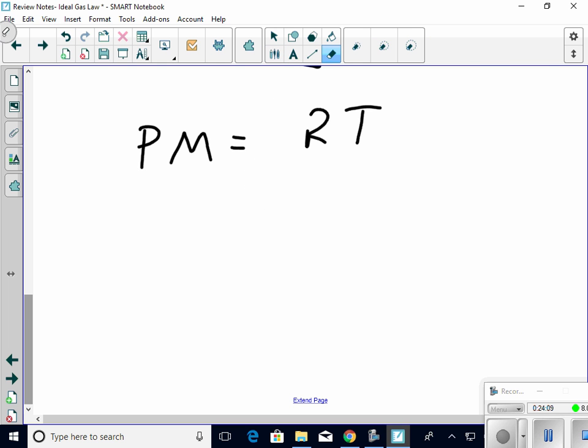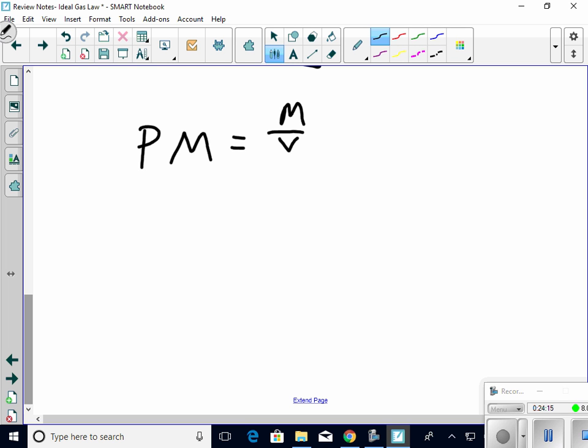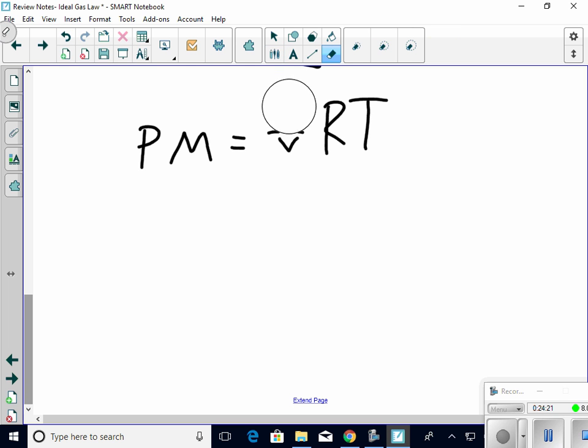So, could I put m over V, RT? Since it's mass, let's make that a little m, so I don't get a big M and a little m mixed up there. Could I do that? Mass over volume instead of the density? Yes, you're going to need to be able to do that. You will have to do that sometime or other when you are dealing with this. I've seen it before, so you will see it probably. Okay?